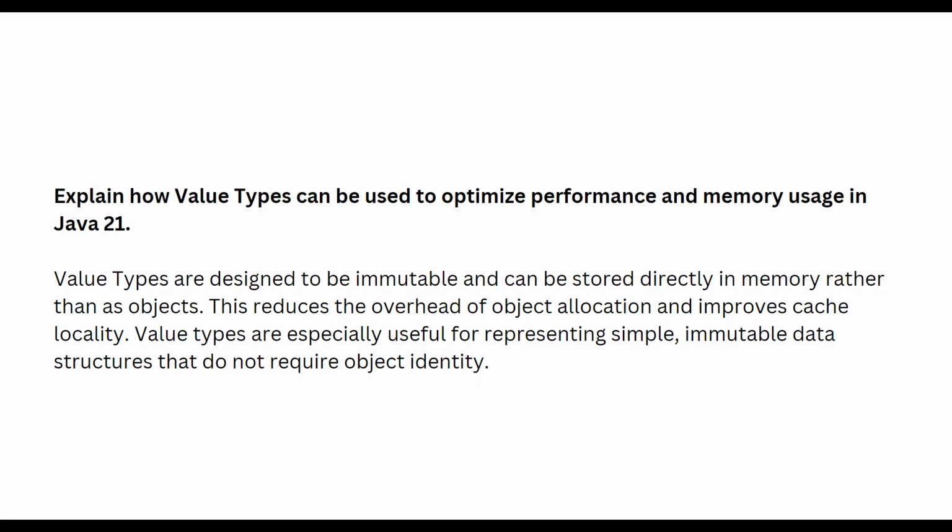So it again provides more performance because you don't have to bother about where to store it in memory. This reduces the overhead of object allocation and improves cache locality. Value types are especially useful for representing simple immutable data structures that do not require object identity. Alright, so that's how you get more performance and memory optimization.